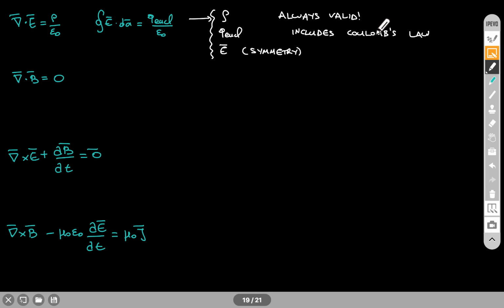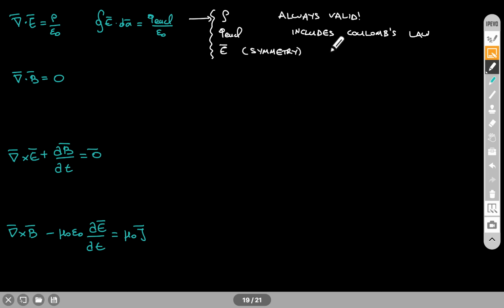Then you add up all the contributions to the electric field from the individual pieces, and then you convert your sum into an integral. You can find the electric field using Coulomb's law from a charge distribution. So all of that is included in Gauss's law.